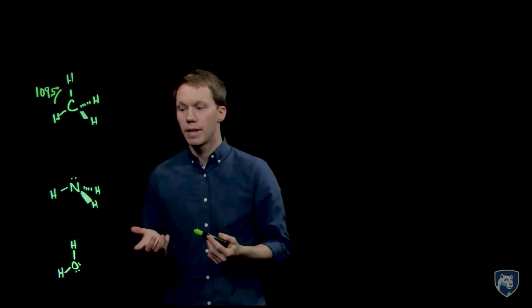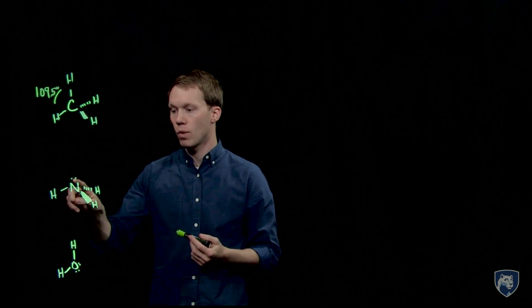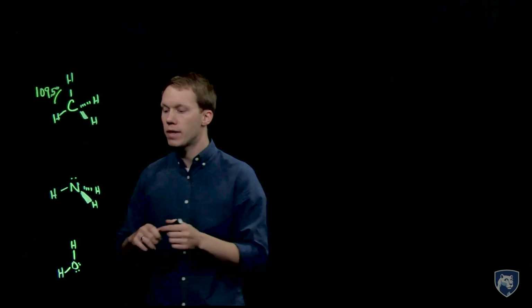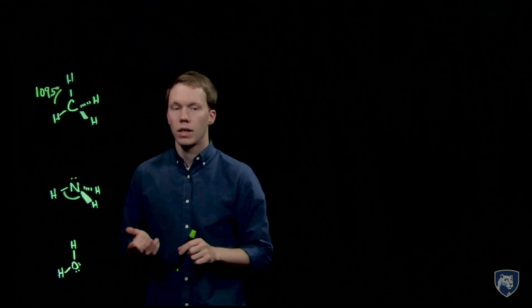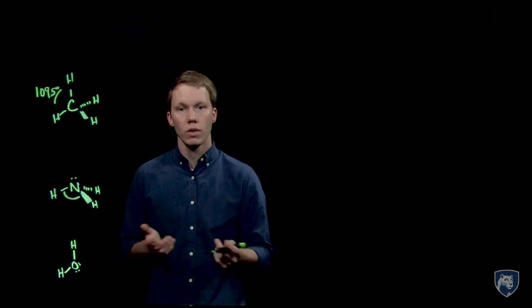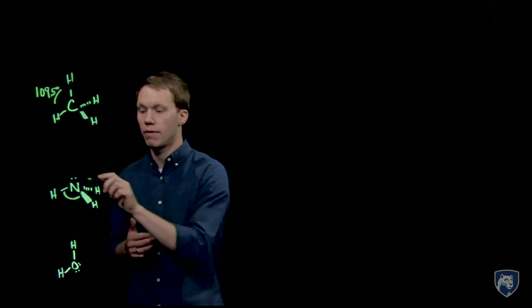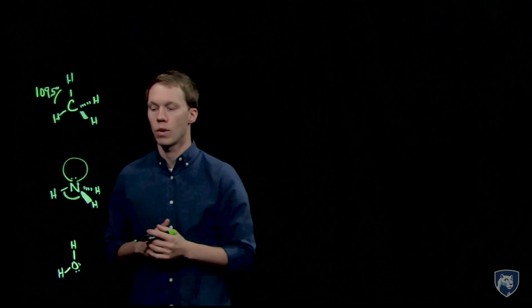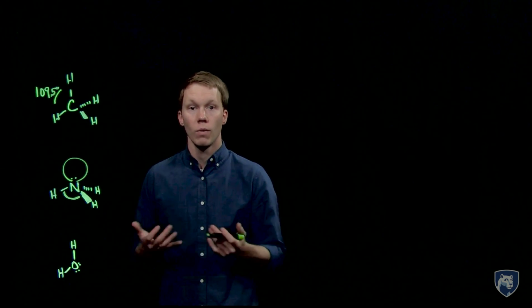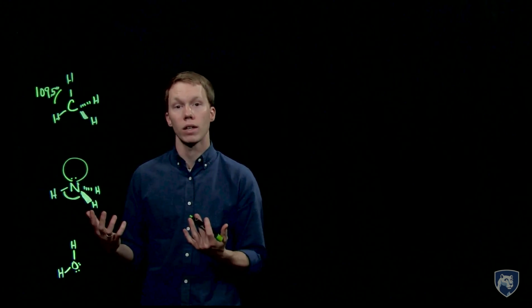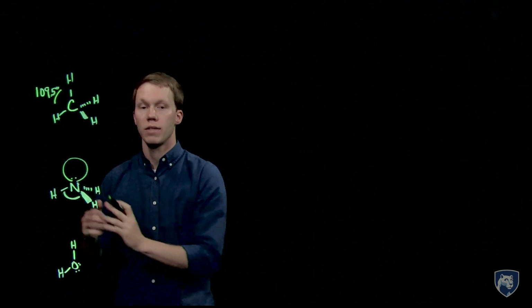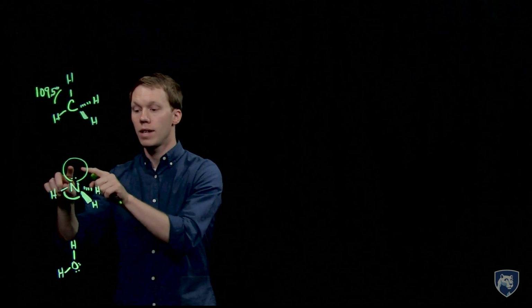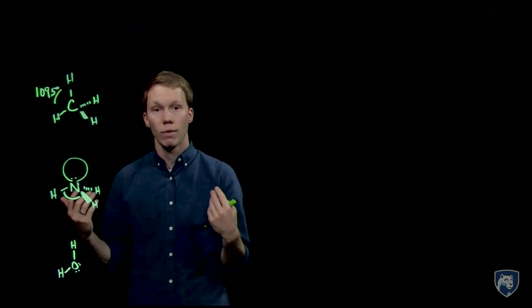So what might happen if we know that lone pairs take up more space? What would happen to the NH bond angle here? Would it be larger or would it be smaller if this lone pair is taking up more space? Well, this angle would be smaller because this lone pair is squishing these bonds closer together. All these electron groups are repelling one another.